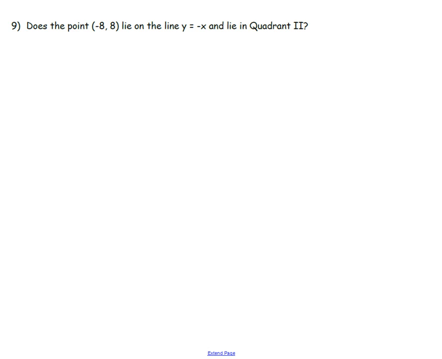So what is our y coordinate? 8. They want to know, does that equal the opposite of x? So what is our x coordinate? -8. So what is the opposite of -8? +8. So then does 8 equal 8? Yes, so this part is true.